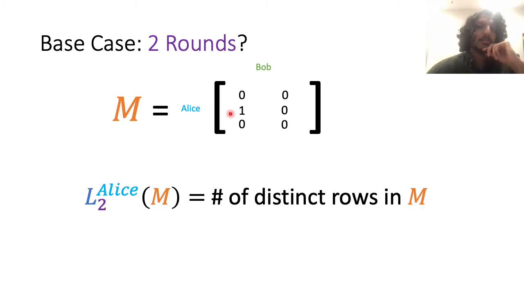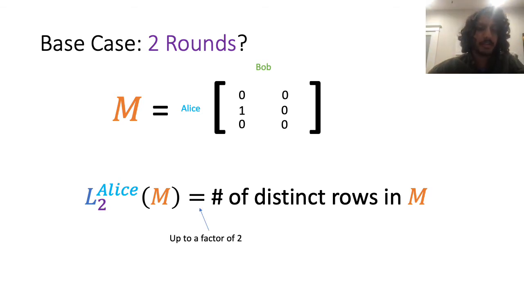But if these 2 rows were not separated, and Bob had this column as his input, he wouldn't know how to distinguish the 0 case from the 1 case. It turns out that this argument can be made fully general, and that this completely characterizes the 2-round case up to some factor of 2, but I'll ignore that for now.